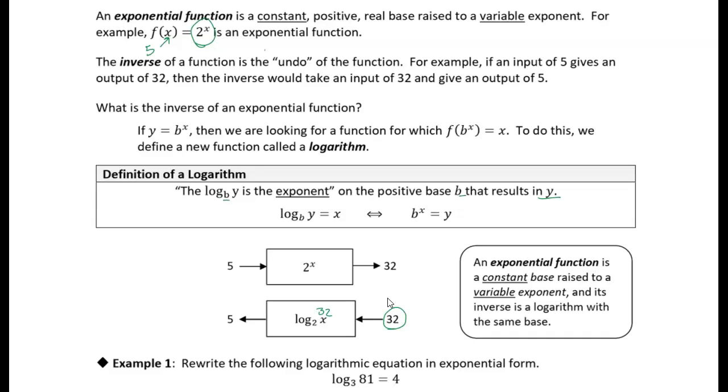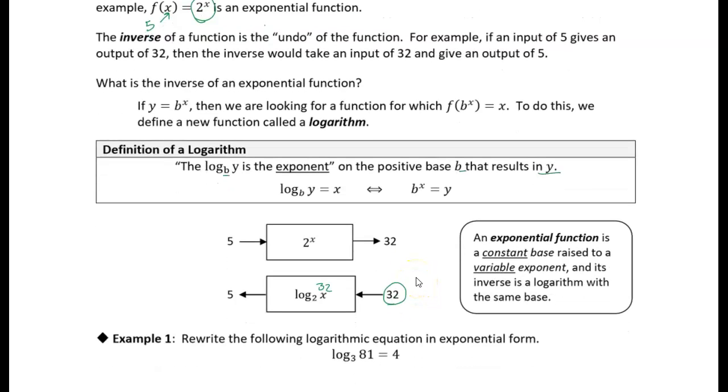So let's do some practicing with just converting back and forth between these two forms. We can take an expression in logarithmic form and write it in an equivalent exponential form, or we can take exponential expressions and write them in logarithmic form. That's what this is saying here, that these are equivalent.